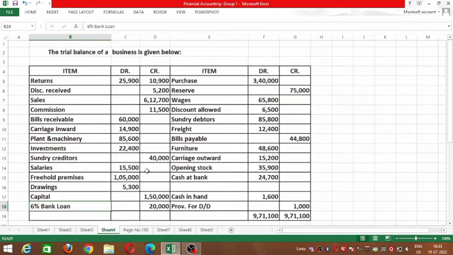Now let's see what are the assets we have. First we need to enter all the long term or fixed assets.